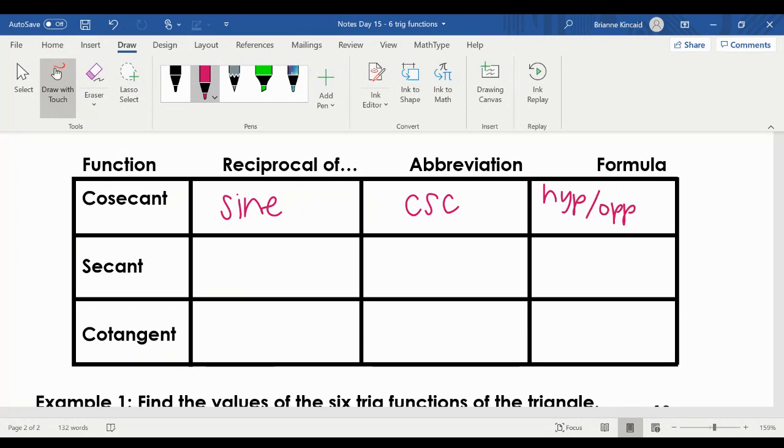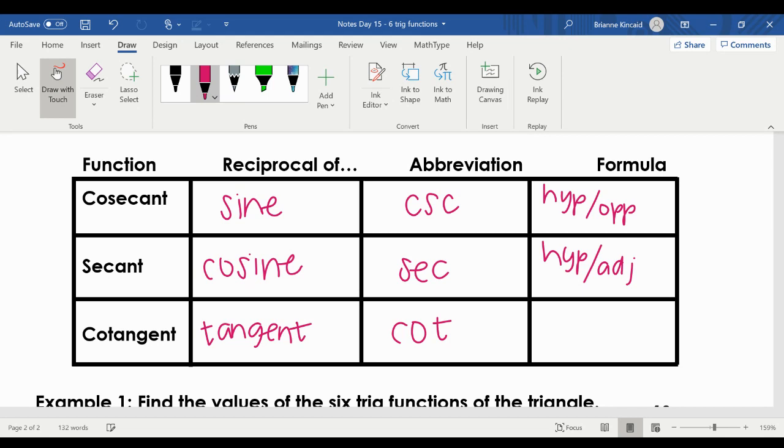For secant, that's a reciprocal of cosine, and it's SEC. Thinking of the word SOHCAHTOA, cosine is A over H, so this is H over A. And then cotangent is the reciprocal of tangent.